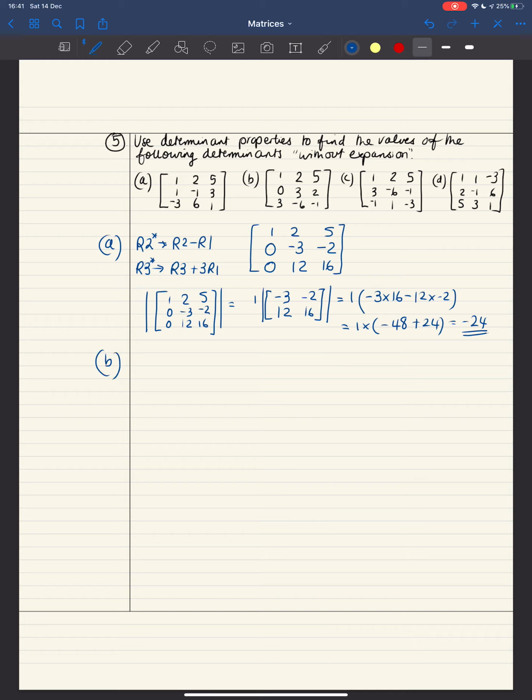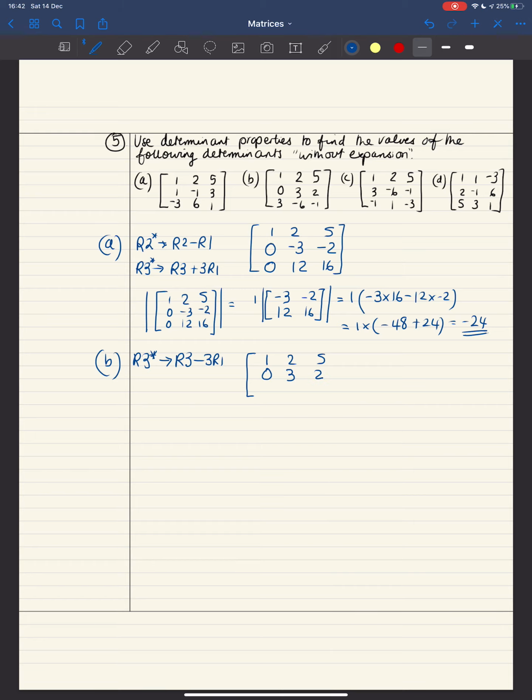So B, same thing for B. Right, so we've got a 1 there, we've got a 0 there, so we're just going to change this one to get a 0 here. So we're going to do row 3 star, new row 3 is the old row 3 minus 3 row 1. Okay, and the other two can stay as they are.